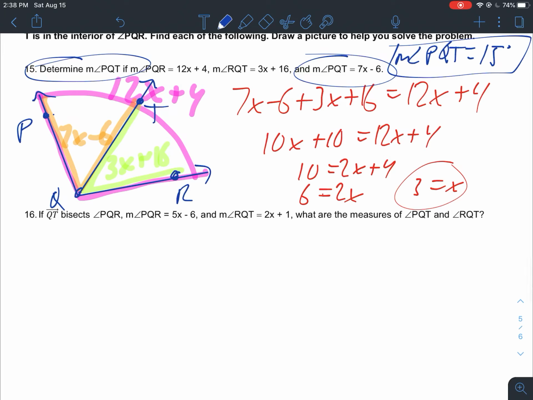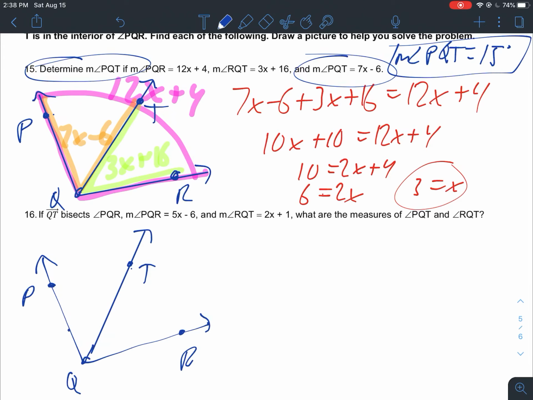Okay, last problem here. Once again, T is in the interior of PQR. But this time, we're being told that QT, once again, bisects it, which means these two are equal.